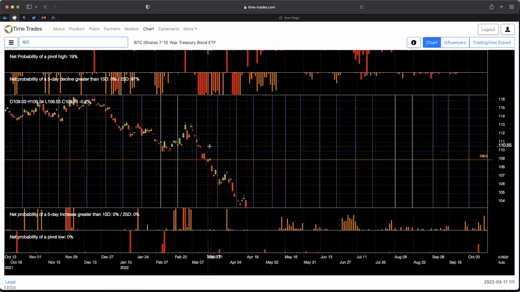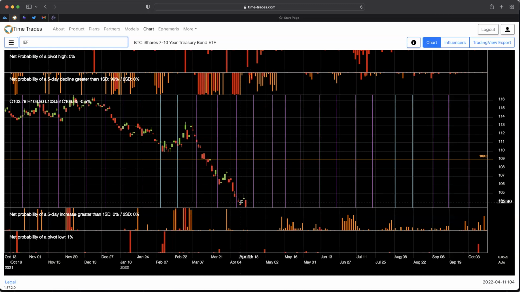All right, let's take a quick look at bonds here. We've got the 7 to 10 year Treasury fund. Boy, it still looks bad, right? You know, we've got cluster after cluster of down days happening here. It doesn't look like there's going to be any relief until May. So it looks like it's going to be continued down momentum here for the 7 to 10 year bonds.